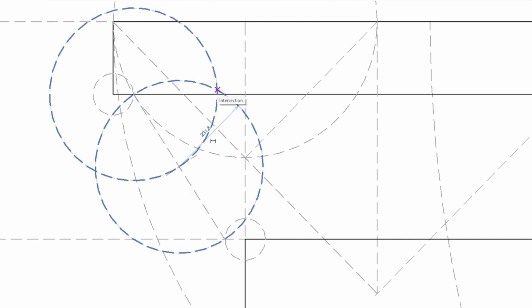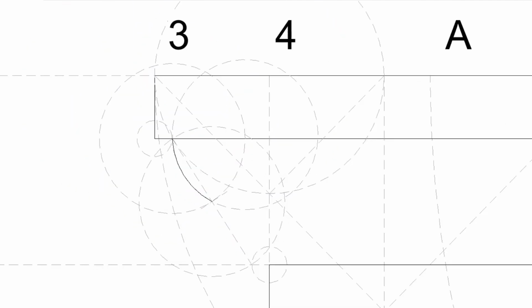And using a similar technique from this side to that side there, and from this corner, you'll inscribe an arc like this. So we already drew this construction on the Tuscan column. So you should get a curvature like that. So let me remove those circles and we can do it on the other side. I'm just going to delete some of my construction lines because I want to keep the drawing clean.